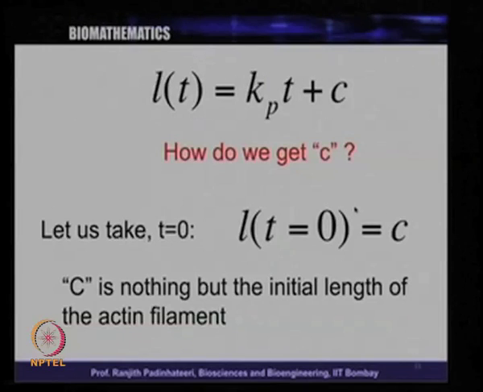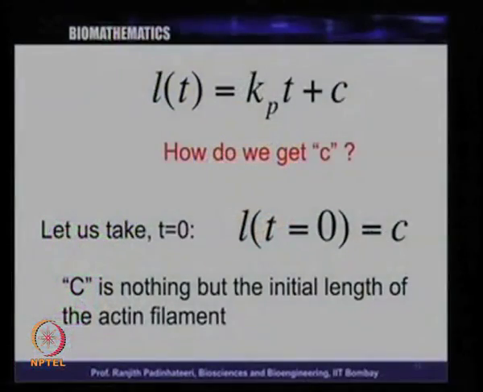If you are doing an experiment, you have actin, or a polymer, with some length to begin with, and you add things and let it start polymerizing. Whatever the length when the polymerization starts, you can call it the initial length. So, c is nothing but the length at t equal to 0, the initial length of the actin filament.